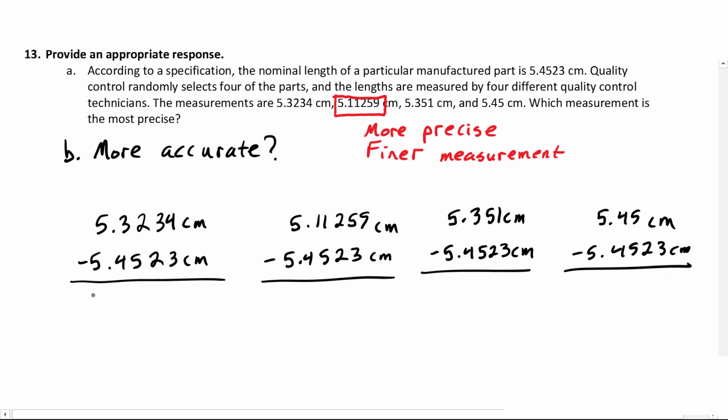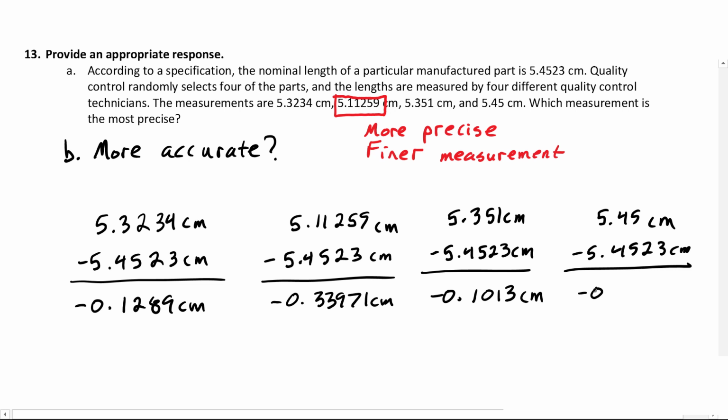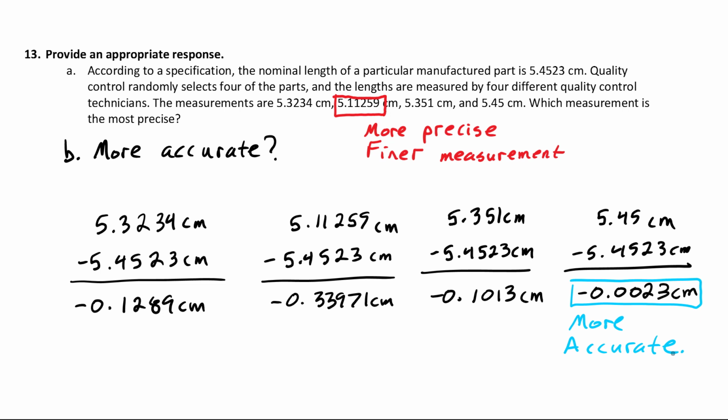Okie doke, and after doing the subtractions here, what we get would be this one, and this would be the difference between these two, and this would be the difference between these two, and then lastly this one here we'll notice has the smallest absolute error, and so this would be the more accurate measure. So we might see situations where it's more precise yet less accurate, more accurate yet in this case less precise.